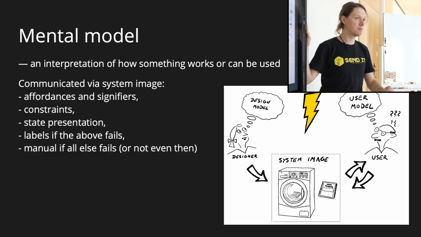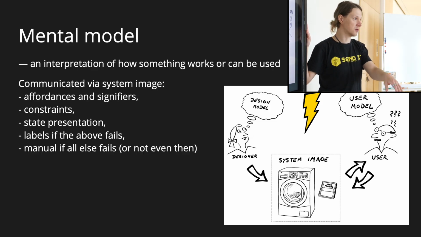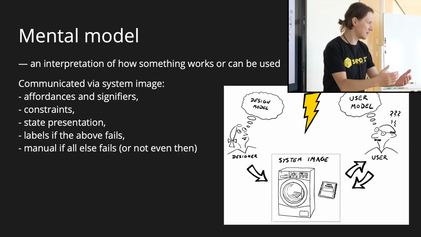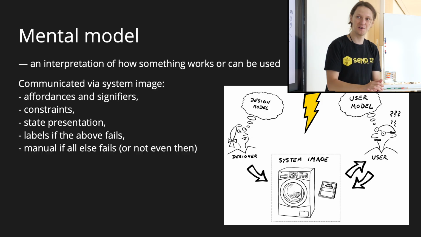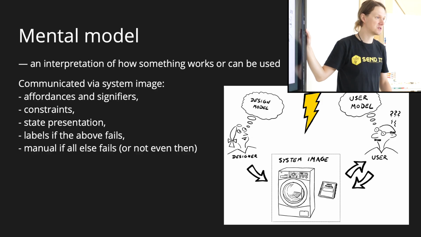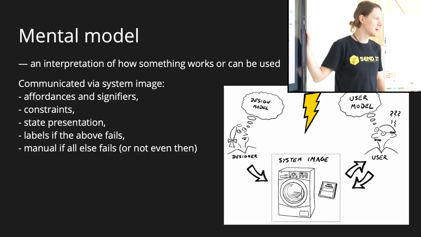Like Apple, they don't even put the user manual into the box, because nobody's going to read it anyway. So your design needs to be able to communicate how your thing can be used through just affordances, signifiers, constraints, state presentation, and labels.